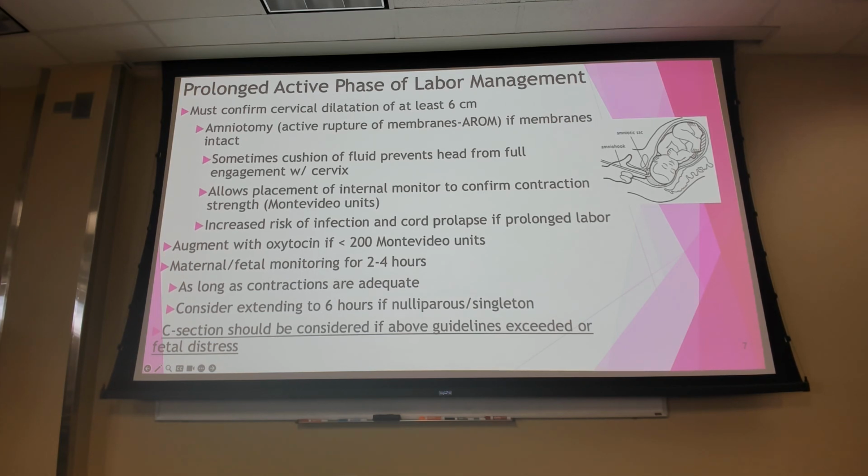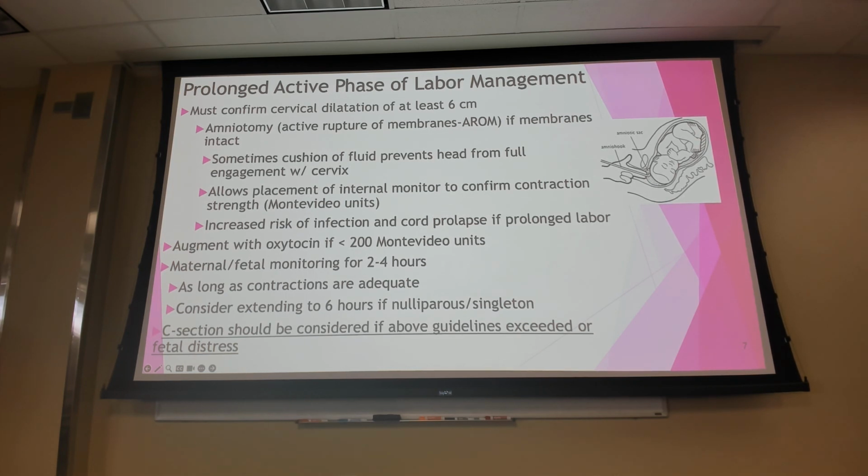If mom is not contracting well, again, we're still 6 centimeters dilated, but mom is not contracting well, less than 200 Montevideo units in a 10-minute period, we can augment the labor. We can give mom medication to augment her contractions. Let's make those contractions stronger, right?